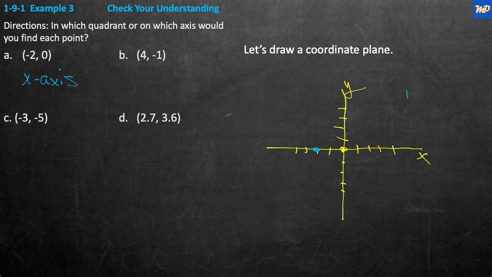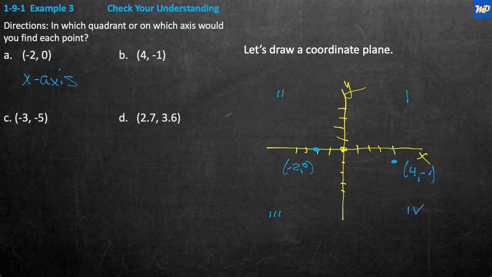How about it? 1, 2, 3, and 4. Okay. So B, 4, negative 1. Well, x is 4. 1, 2, 3, 4, right here. Negative 1, down 1. Right there. This is 4, comma, negative 1. This one here was what? This was negative 2, 0, right?